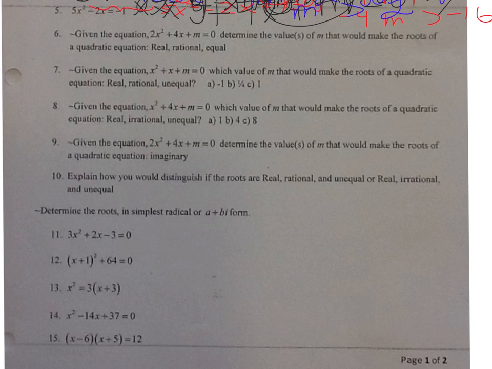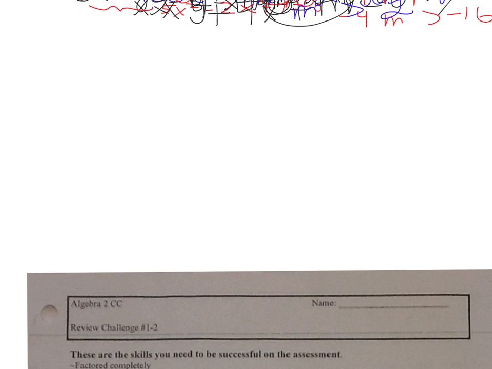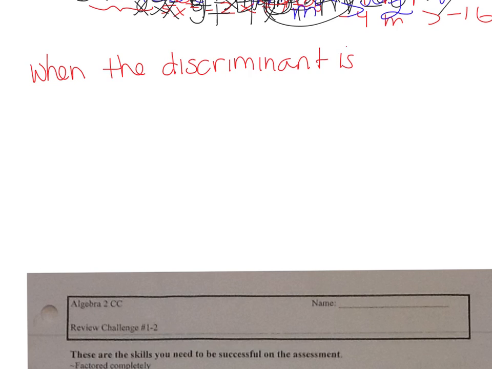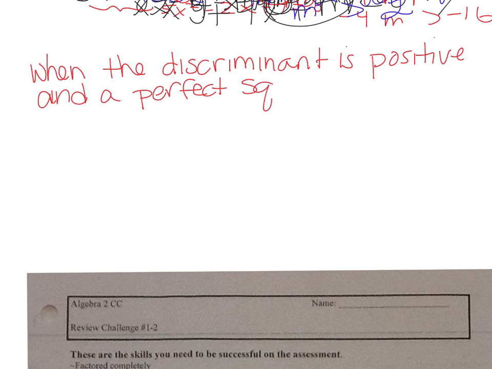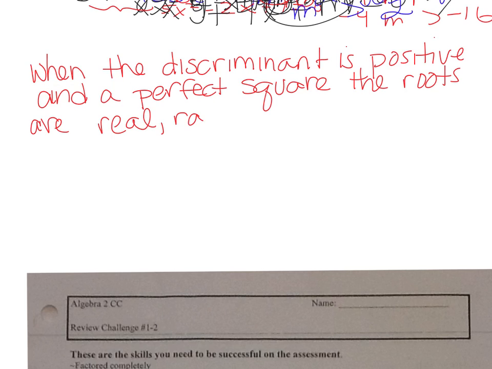So when the discriminant is positive and a perfect square, the roots are real, rational, and unequal.